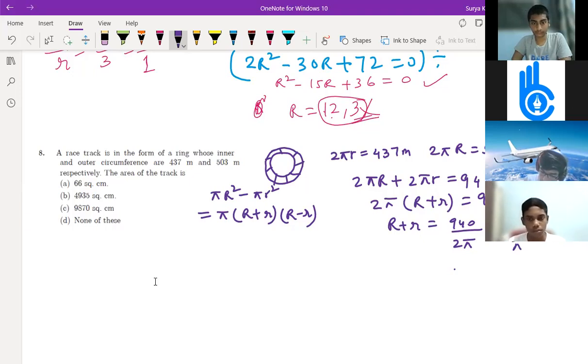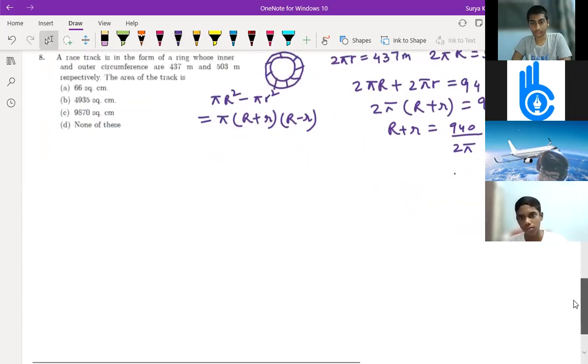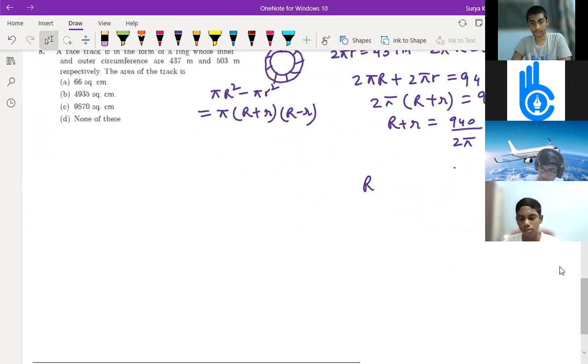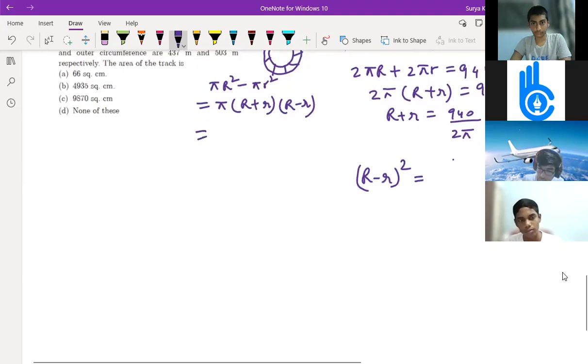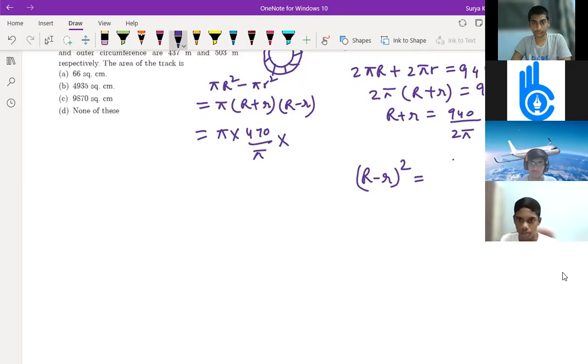And R minus r, how to find? See, R plus r, if you know, you can find R minus r easily by the other formula. But you don't know that, right? R plus r, you know. Then what to do? See, pi will come. R plus r value we can put 470 by pi. But what about R minus r? Tell me, Rasool, how to find R minus r over here?